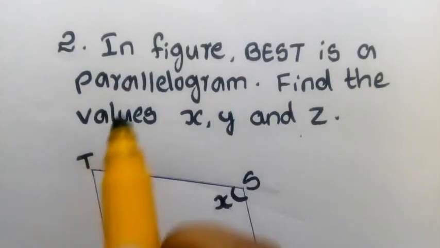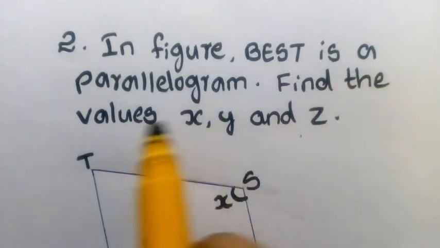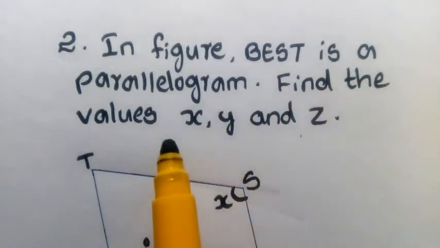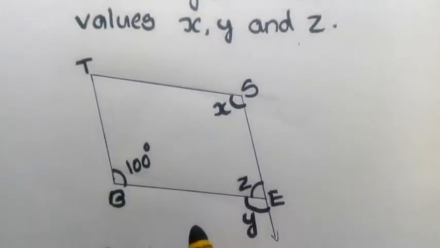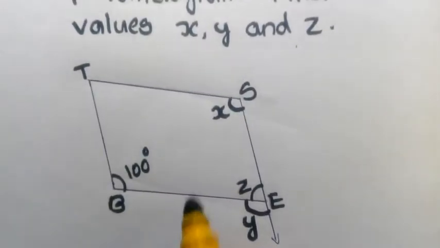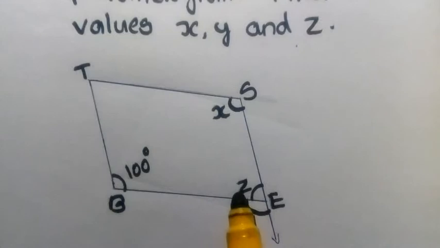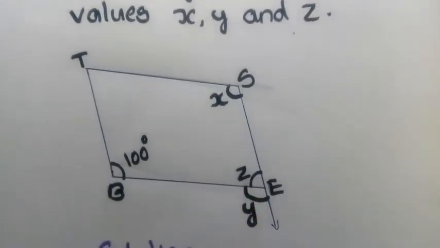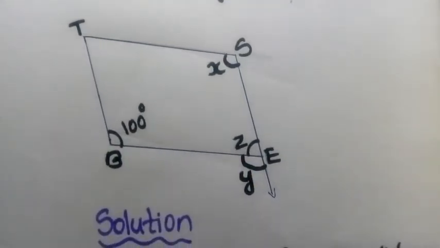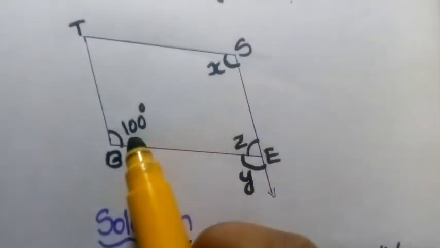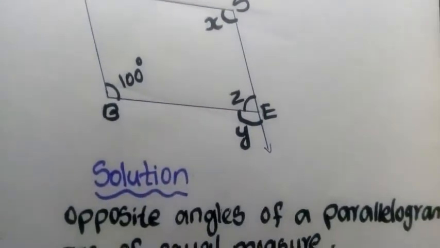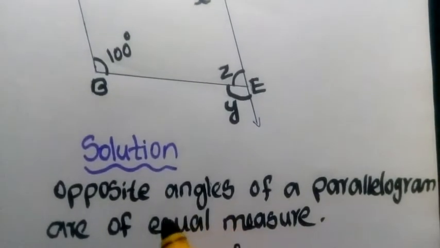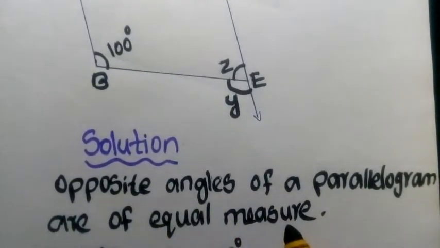Second question. In the figure, BEST is a parallelogram. Find the values X, Y and Z. So here we need to find the angle measurements of X, Y and Z. Let us check the solution. Here, angle S is opposite to angle B. So by property 3, opposite angles of a parallelogram are of equal measure.